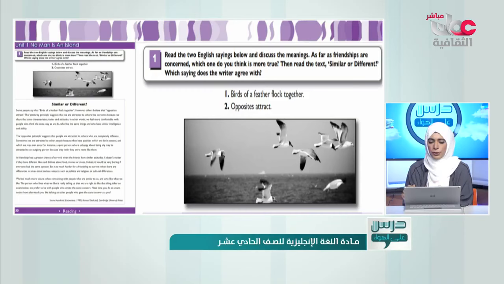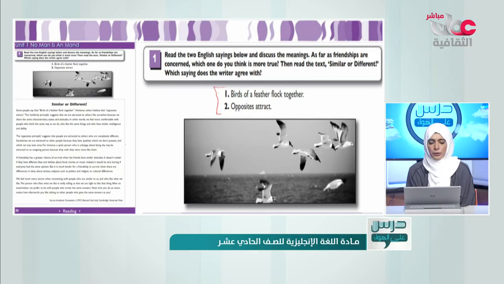Look at the picture. You got some birds, you have the sea. Although it is black-white picture, but still you can reach the message. Okay, birds of a feather flock together, opposites attract. We're supposed to look at the passage and try to find out the writer of this text in the left side.